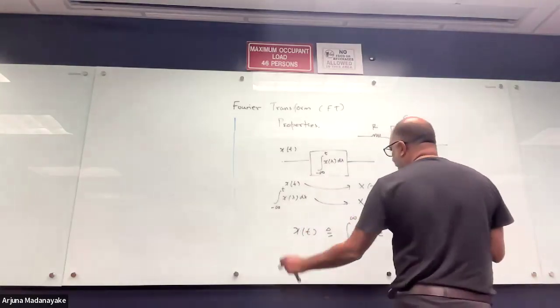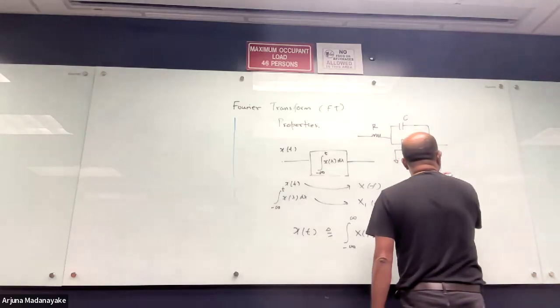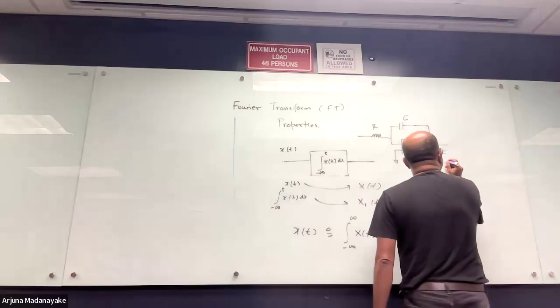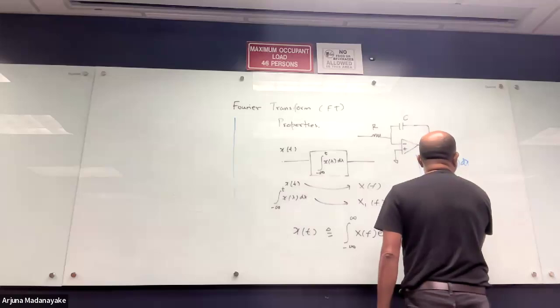So the proof goes something like this. You take x of t, but you actually integrate it. So you go from negative infinity to t, x of lambda d lambda. This lambda is a temporary variable.